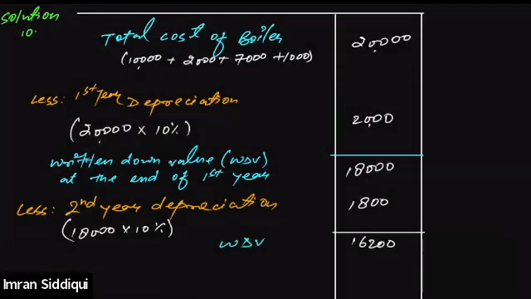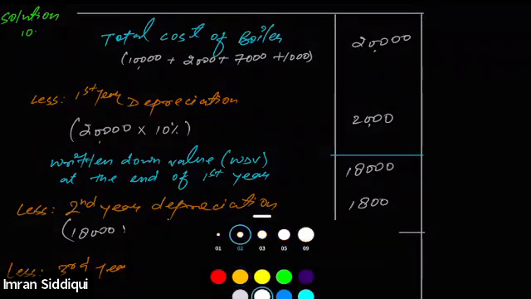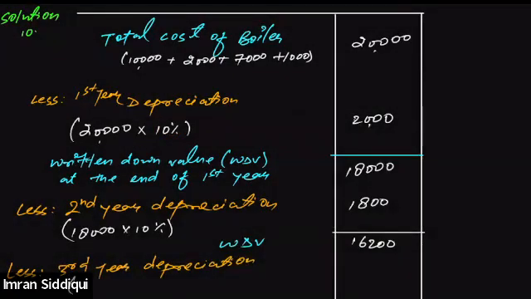And then similarly, since the question is requiring us to calculate depreciation for the 3-year period, we will calculate depreciation for the third year as well. Third year's depreciation will be 16,200 into 10%.